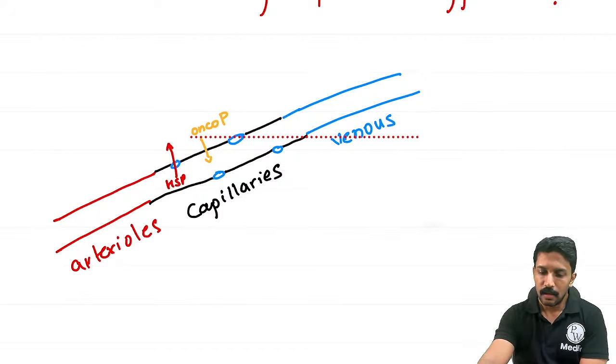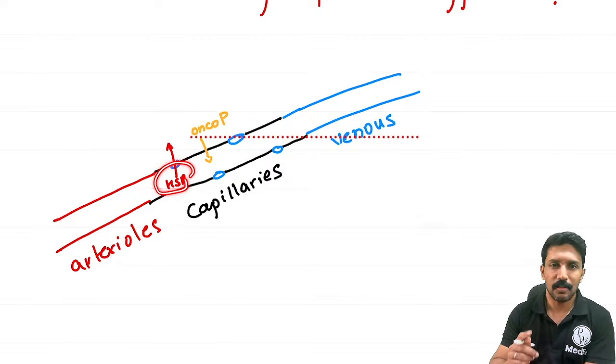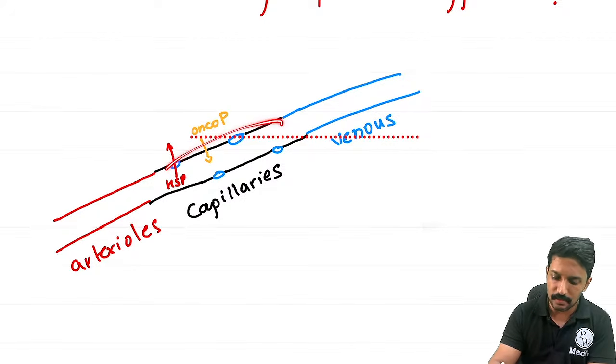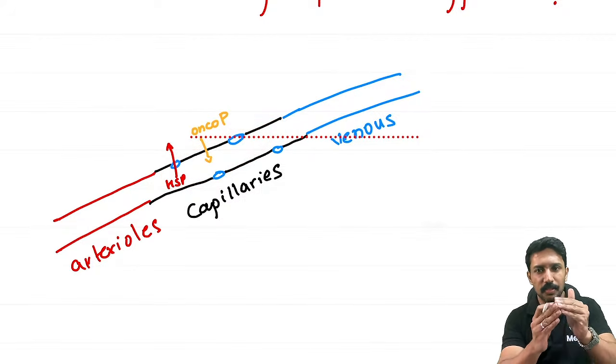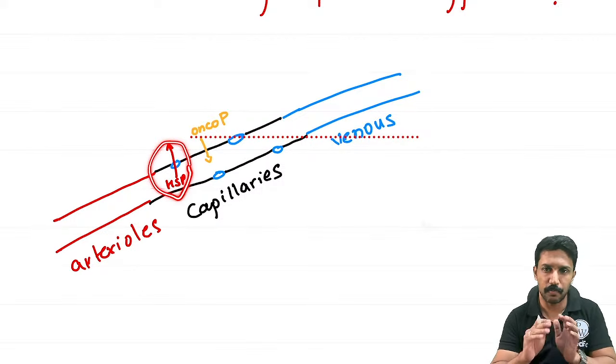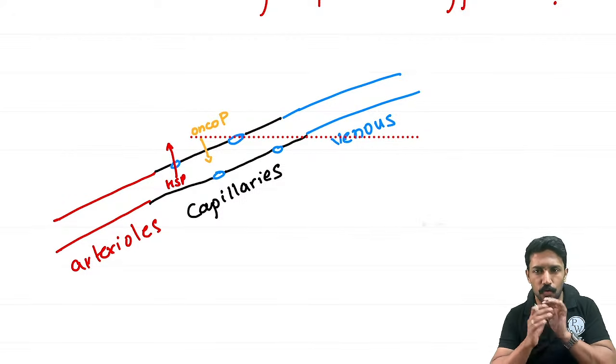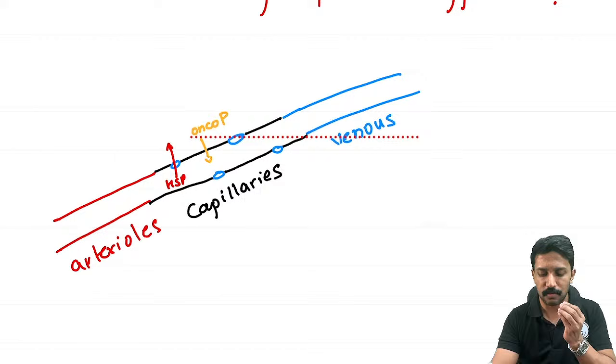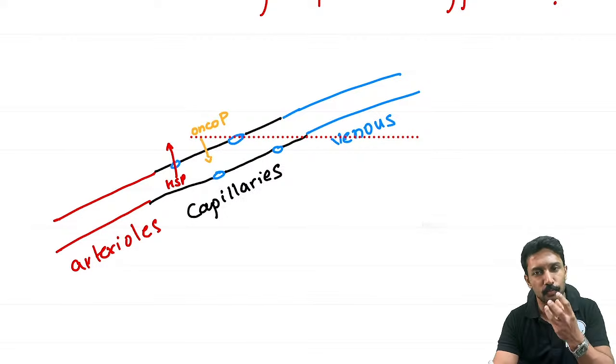Now what is hydrostatic pressure? It is the blood pressure inside the capillary. The more the pressure inside the capillary, the more hydrostatic pressure wants to push the fluid out. What is oncotic pressure? Oncotic pressure is the pressure which retains the fluid inside, and it depends on the large molecular weight substances in the blood, mainly albumin.